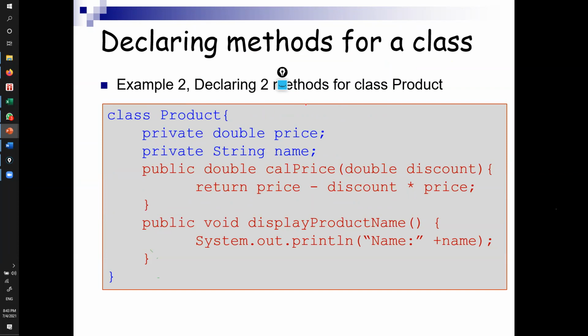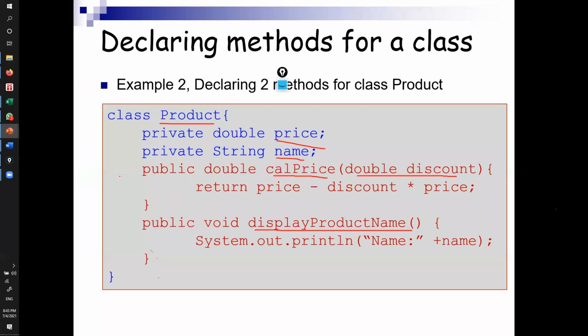So let's look at the method declaration. You have your class, which is Product, with variables price and name. And you have two methods. One method is to calculate the price, and you give it one parameter, which is discount. Another method is just to display the product name.